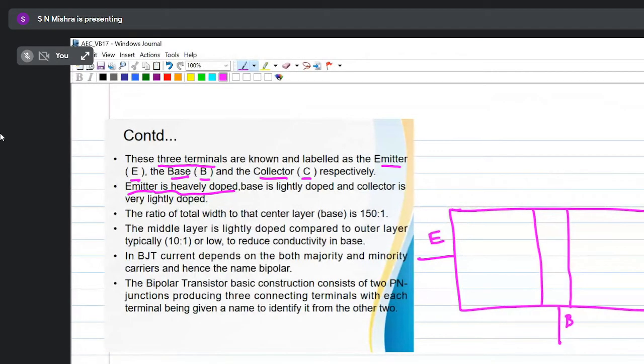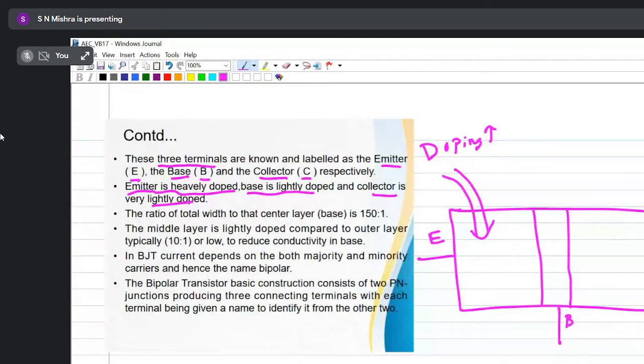Here doping is high, the base is very lightly doped, and the collector is also lightly doped.